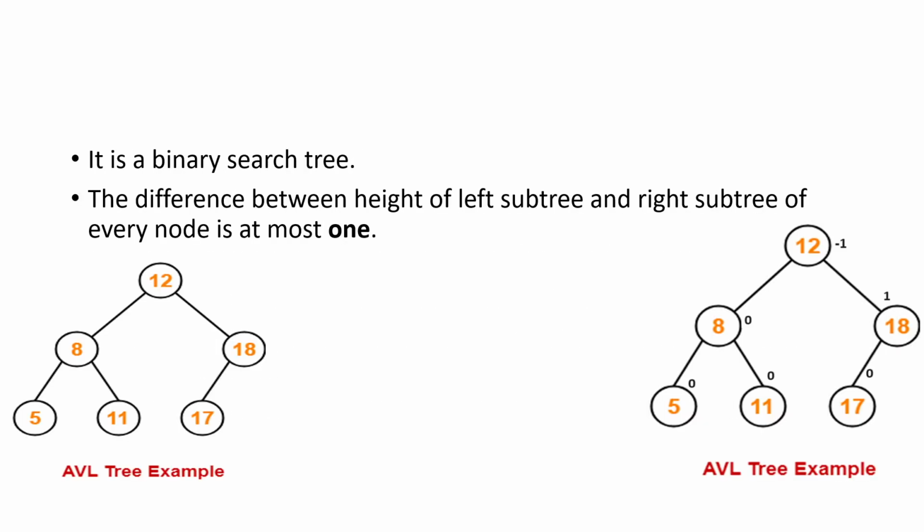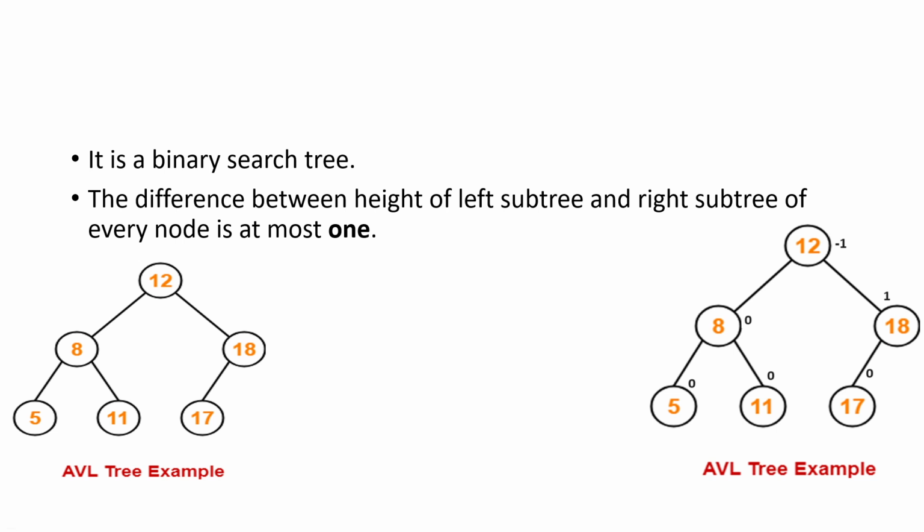Let us take one example. What is that balancing factor? A tree is constructed, and it is a BST because the lower value is on the left side and the higher value on the right side. Now we have to find out the height.